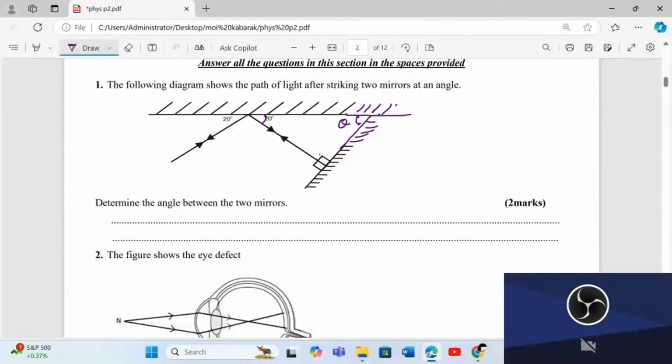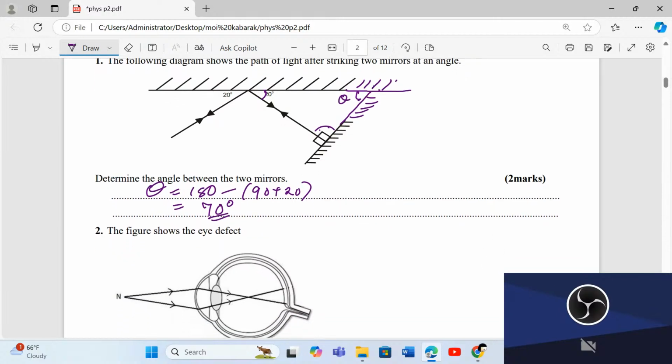Therefore, our theta will be given from the summation of all the angles in a triangle, which is 180 minus the sum of 90 plus 20 plus 20. Therefore, 90 plus 20 plus 20 gives us 180 minus 110. We'll arrive at 70 degrees, like that.